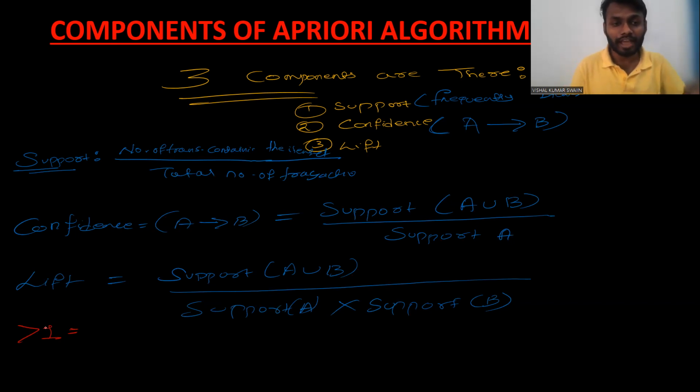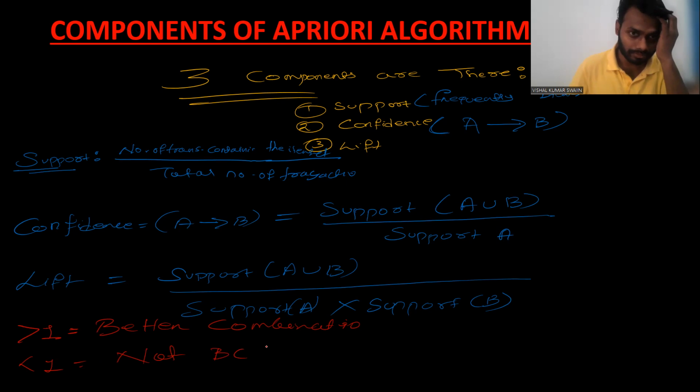If the value is greater than 1, then it is a better combination. And if it is less than 1, then it is not a better combination. Clear? So this is all about support, confidence, and lift.